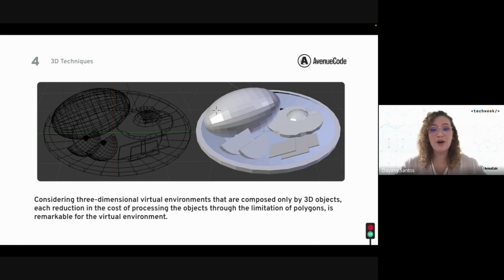Meanwhile, the modeling of the other objects is composed of more polygons in order to become as close as possible to a real object, such as the French bread, the egg, and the apple. So considering three-dimensional virtual environments that are composed only of 3D objects, each reduction in the cost of processing the objects through the limitation of polygons is remarkable for the virtual environment.